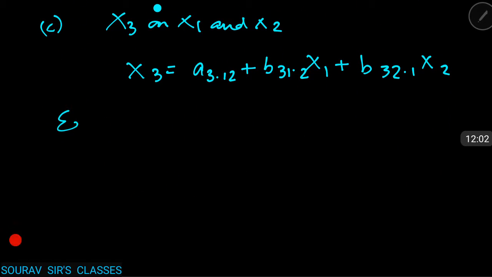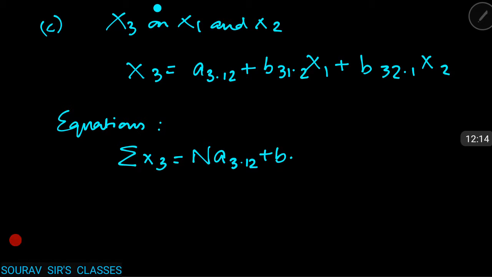The normal equations for fitting the above equation are: summation x3 is equal to n a 3.12 plus b 31.2 summation x1 plus b 32.1 summation x2.